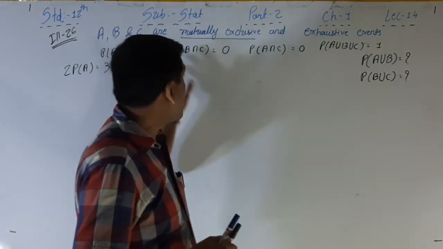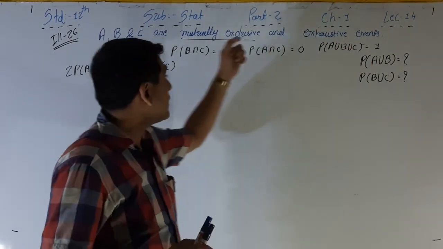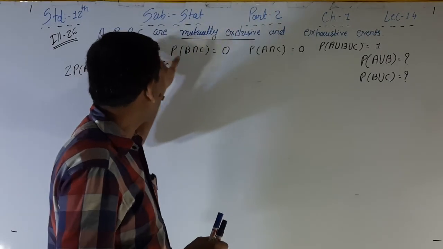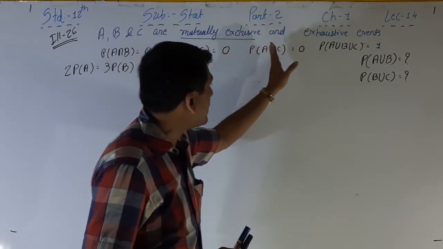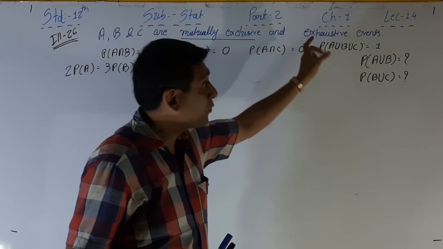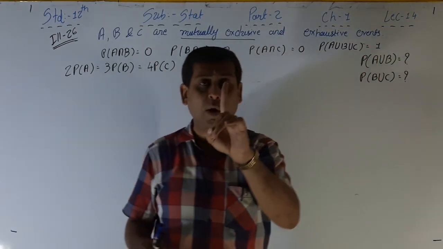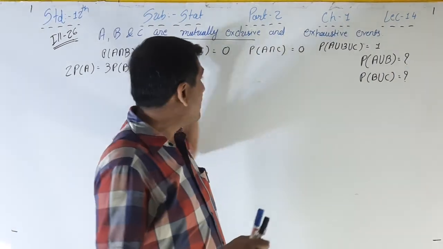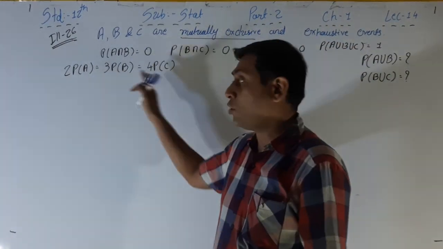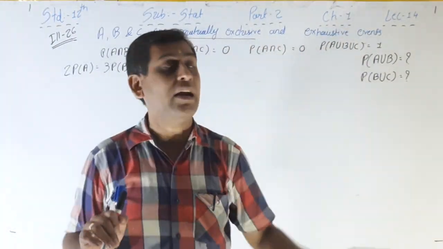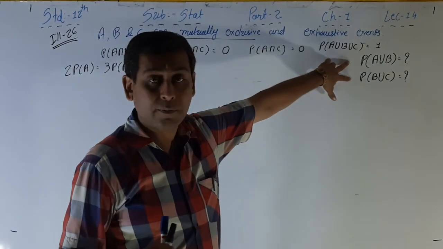Okay, the given information we have to use. See, mutually exclusive means P of A intersection B, B intersection C and A intersection C are 0, and for exhaustive, A union B union C is equal to 1. We have to use this information in this sum, and then we can get the answer we need, right?